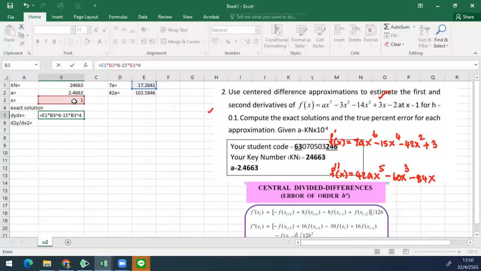Sorry, I used the wrong formula. Please help me because my brain has burned in the morning and I may have a lot of errors today. So minus 42 times x to the power 2, and plus 3.